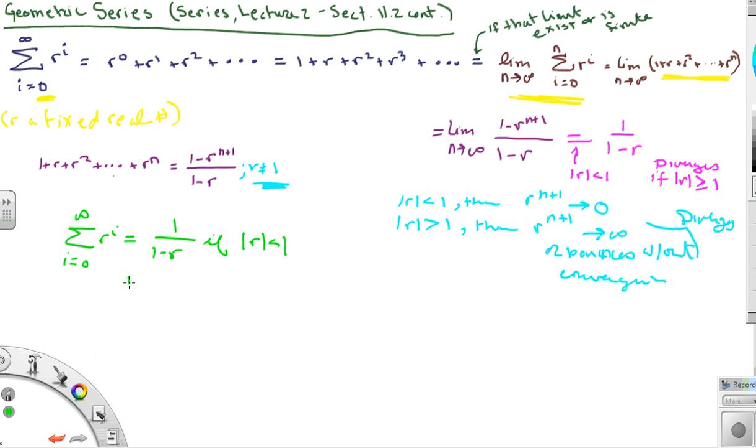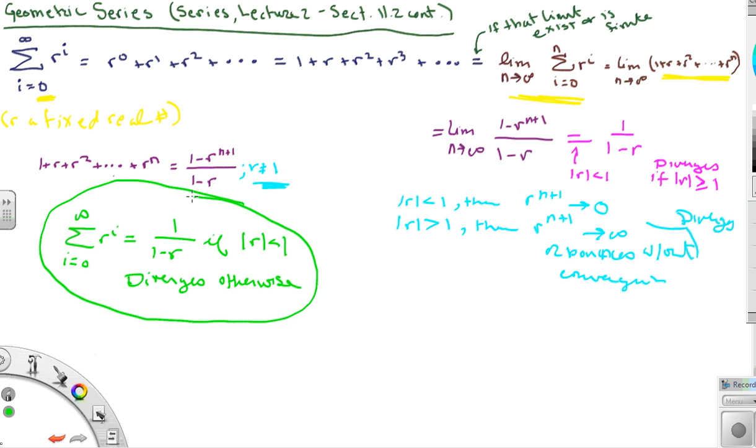It diverges otherwise. This type of series is called a geometric series. Very important type of series, partly because we've got such a nice formula for it. We'll find out later that not all series have this nice little rule about whether it converges or not and what it converges to if it converges. So this is a particularly nice series.